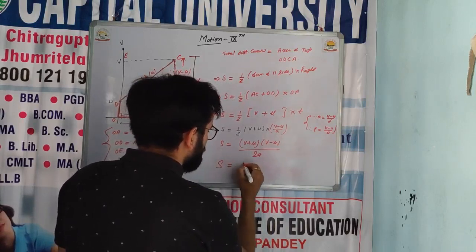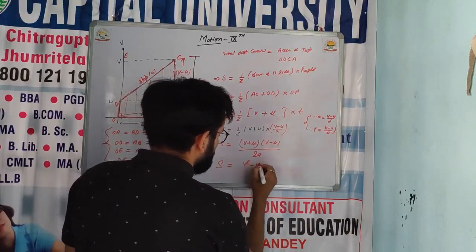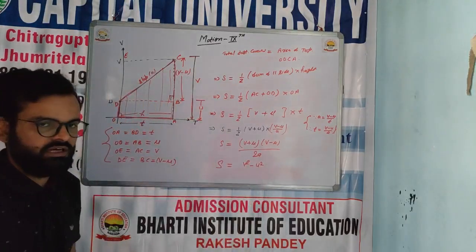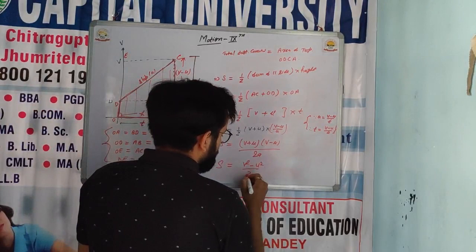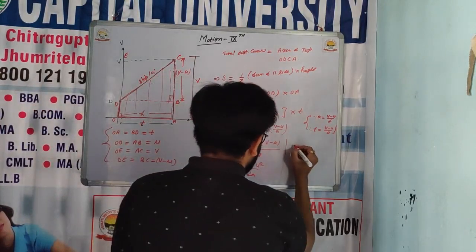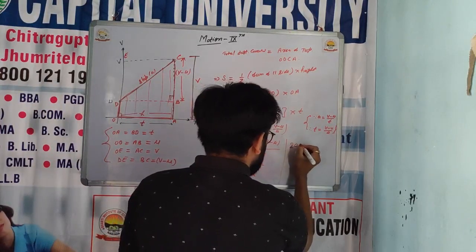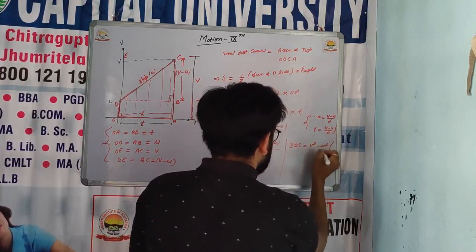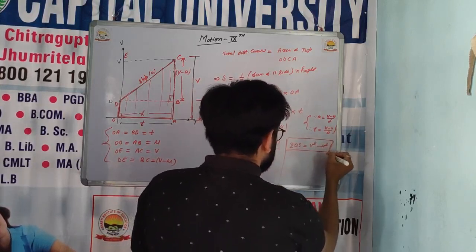So S equal to V square minus U square by 2A, by applying the formula A plus B, A minus B equal to A square minus B square. Finally, by cross multiplication, 2AS equal to V square minus U square. Clear?